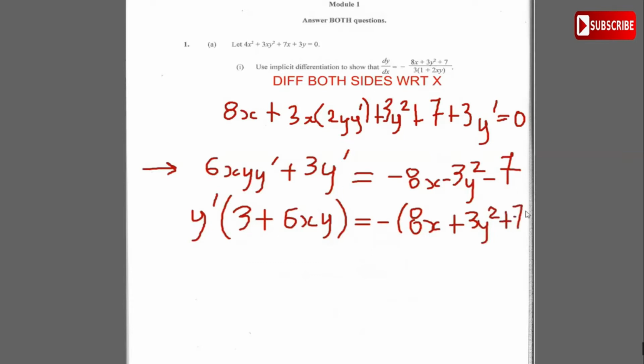And so what do we do now? All we can do now is divide through by 3 + 6xy.